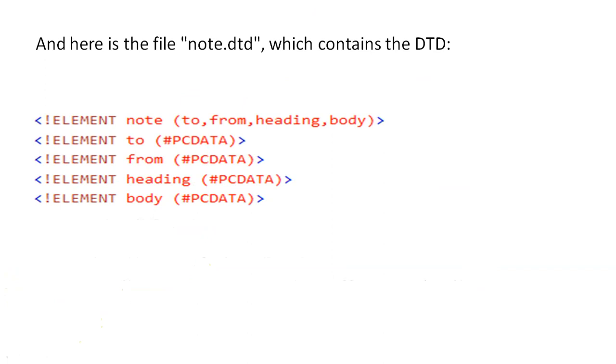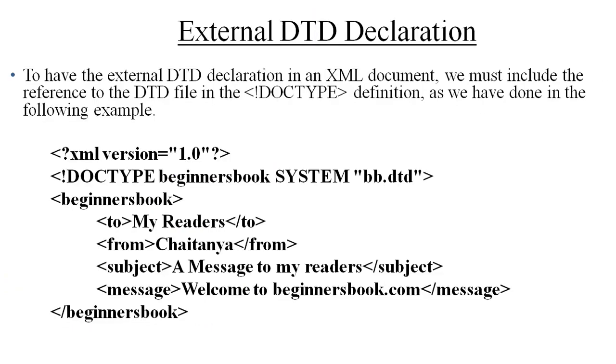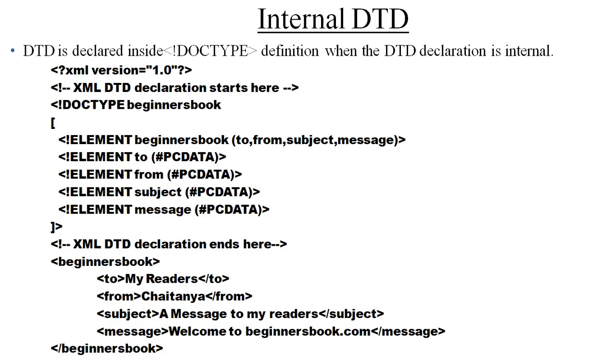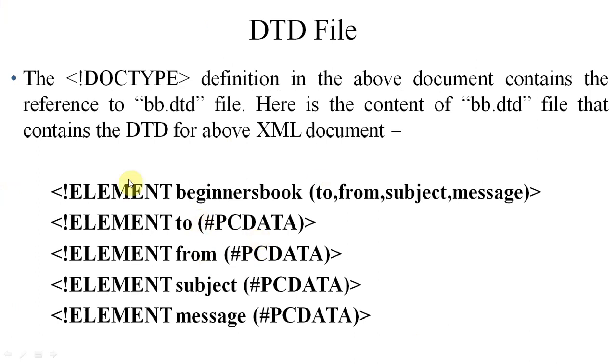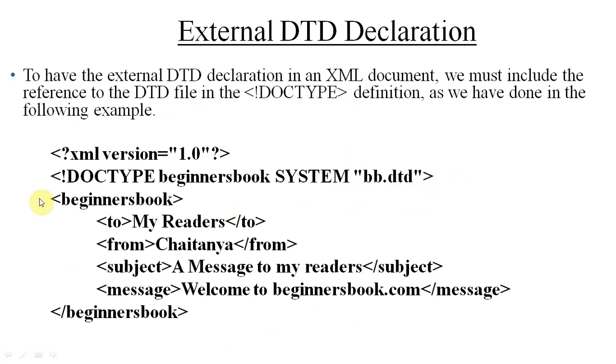This way we can define the document type definition, and in the previous program we have also written this one. That was the XML internal DTD, and the same content is kept in a different DTD file. This is ELEMENT beginnersbook, and there are four elements: to, from, subject, and message. Beginnersbook is the name of the DTD, and the file is bb.dtd, used here: DOCTYPE beginnersbook SYSTEM bb.dtd. Beginnersbook starts here and is closed here.